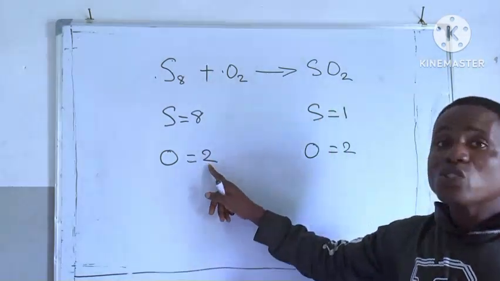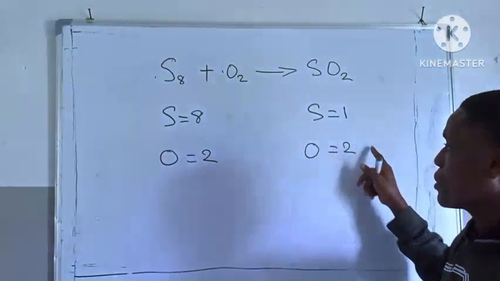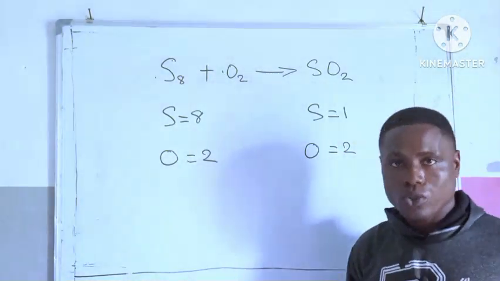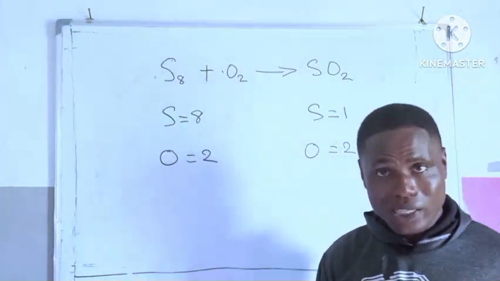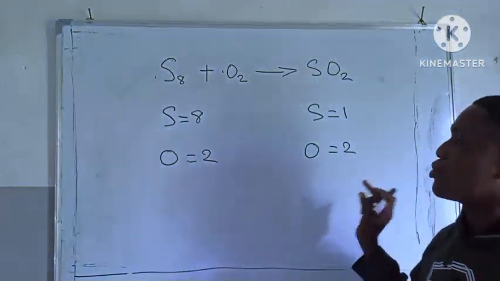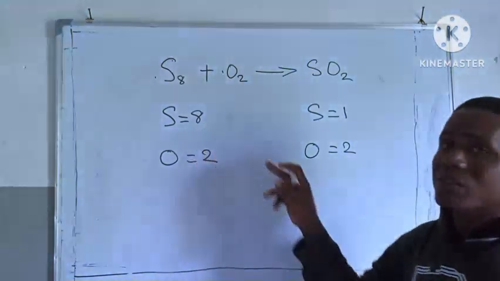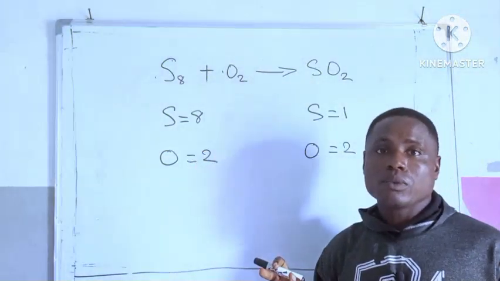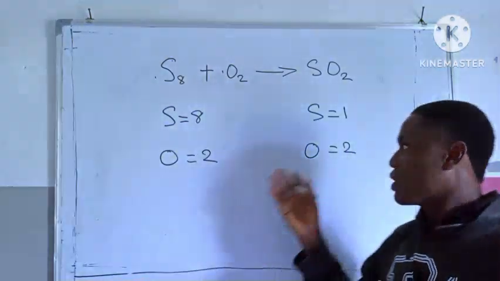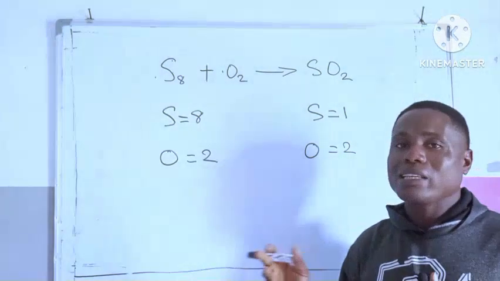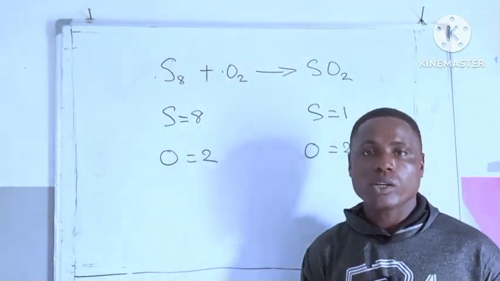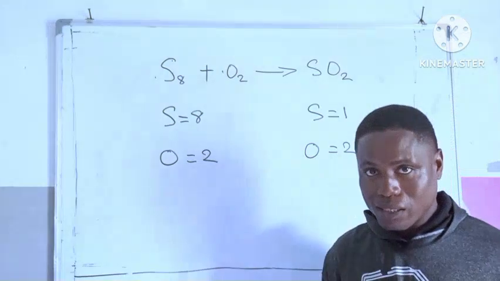If oxygen here is 100, oxygen here must be 100. They must be the same. So meaning that if you check your left side, a particular element has, let me say, 100 atoms, you check your right side, you are seeing 90, meaning that that chemical equation is not yet balanced.